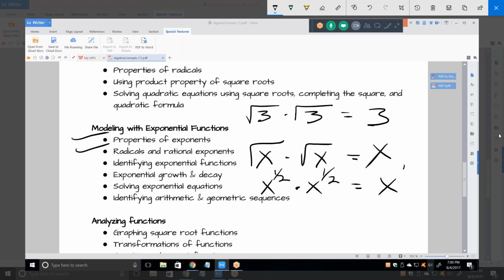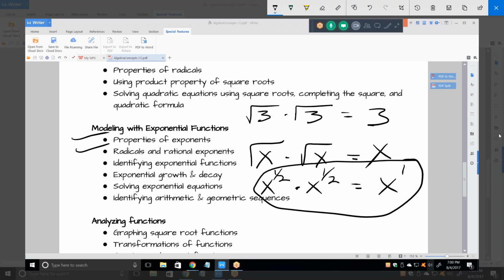So that becomes x to the 1. You with me? This is often an easier way to really look at it because it's very straightforward. In other words, once you have fractional exponents instead of radical signs, it actually makes the problem a lot easier. You're able to just add or subtract the exponents.